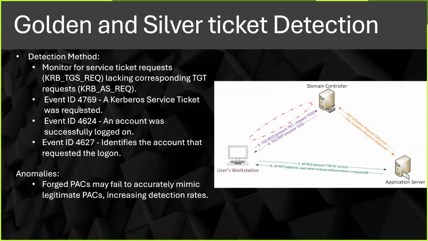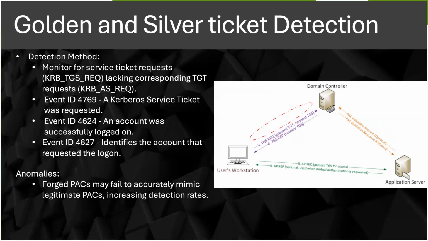For the event IDs, if the Kerberos ticket is for an account with admin privilege, we should look into that. We look at the event ID for an account that was successfully logged on, which helps with the whole scenario. Event ID 4624 and 4627, let's say. When forging the TGT, it needs to forge the PAC.